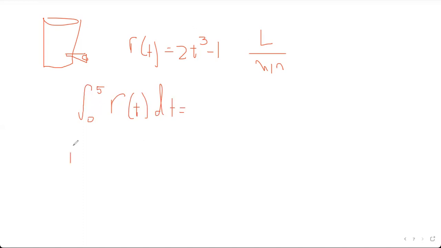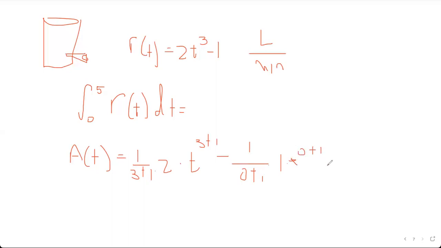For this one, you do 1 over the exponent plus 1, so 3 plus 1, times the coefficient, times t to the power of 3 plus 1. We add 1 to the exponent. And then minus, here it's technically t to the power of 0, so you go 1 over 0 plus 1 times 1, and then times t to the power of 0 plus 1, plus c.